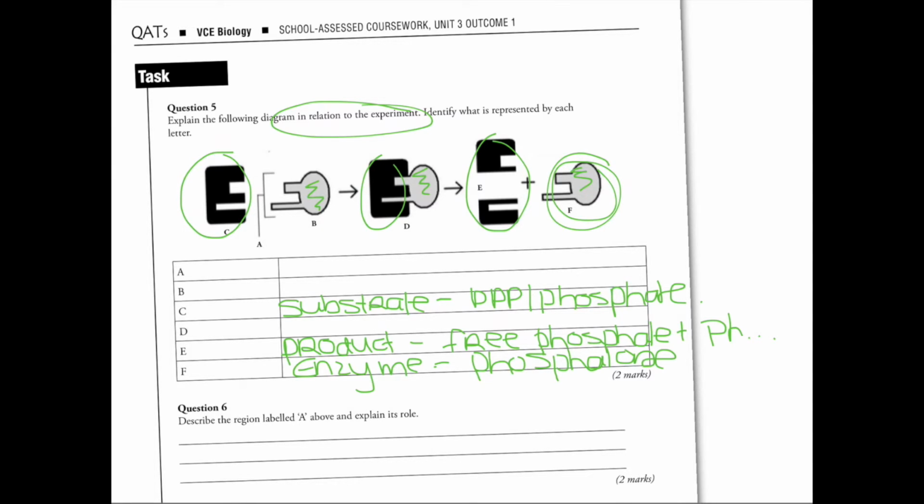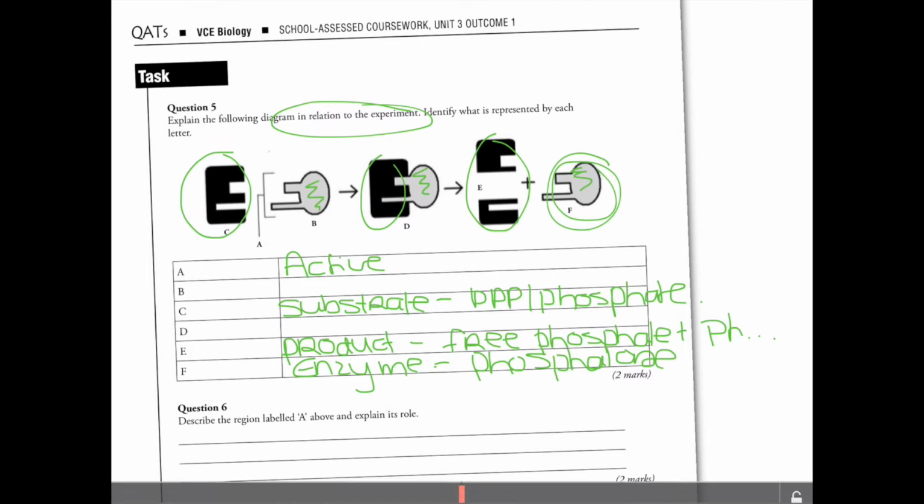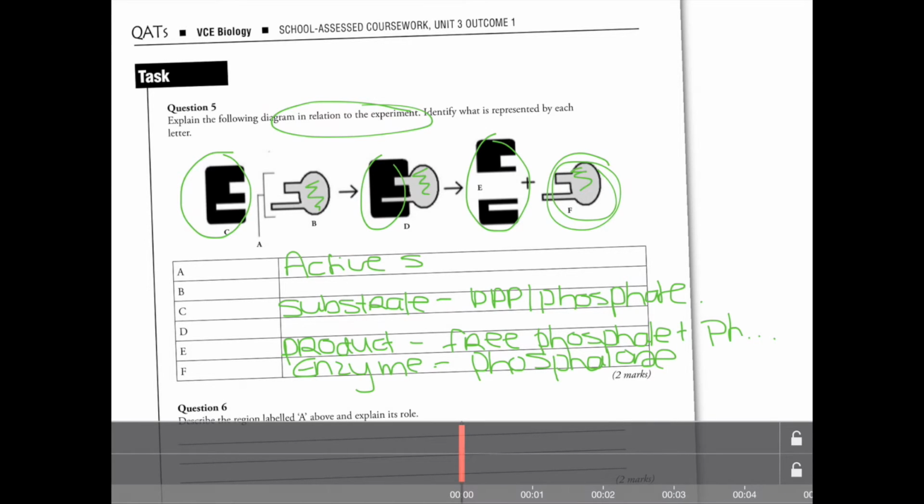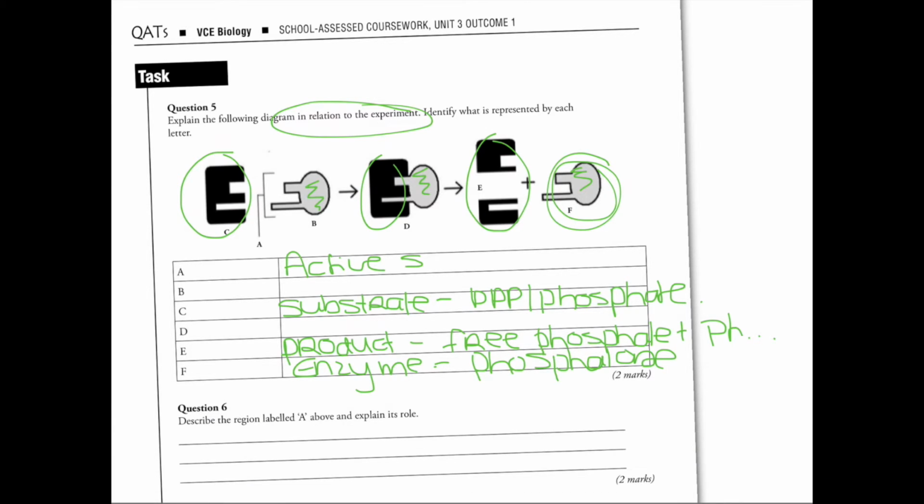So we've done C, A. That's pointing to the enzyme, and that would be pointing to the active site. If that in fact was pointing, hang on, let me write that. If that in fact was pointing in this direction towards the substrate, then we would say that that would be the binding site.